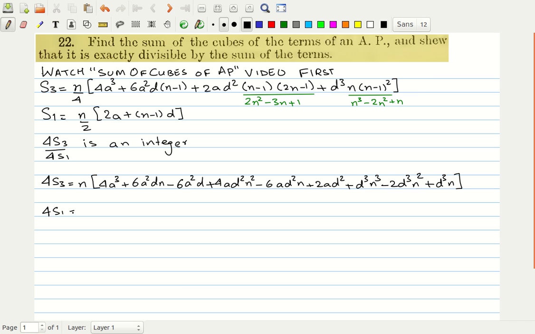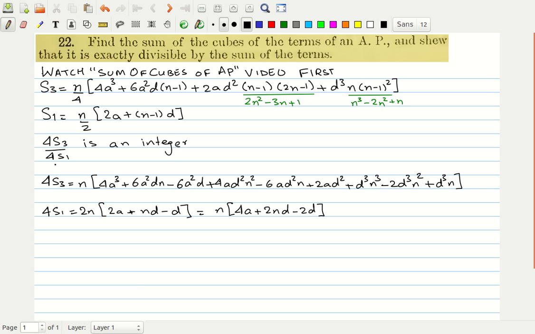4S1 is going to be 2 times n multiplied by 2a plus nd minus d, right? 2a plus nd minus d, this is going to be n times 4a plus 2nd minus 2d, right?